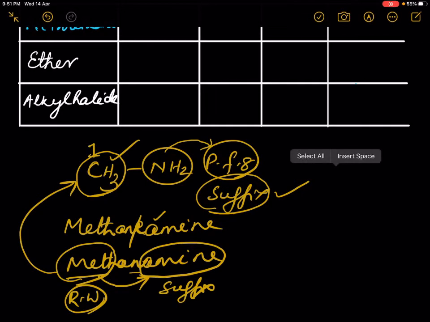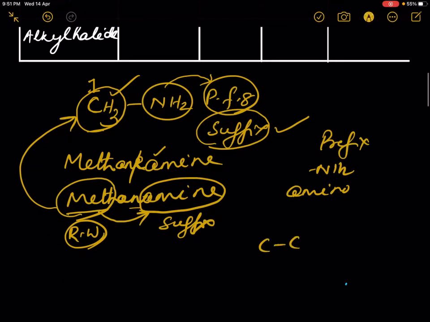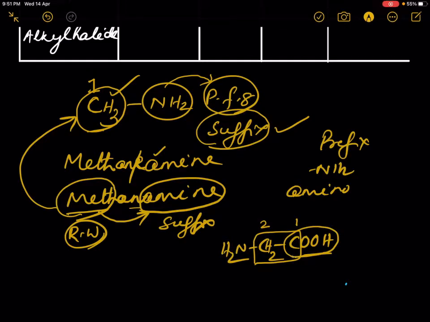Now we have to think about the prefix of NH2 as amino. Why do you write amino? Suppose there are 2 carbon atoms. This carbon is connected to carboxylic acid and this carbon is connected to NH2 group. So this is the parent carbon chain, number 1, number 2. And this is the principal functional group, so it should be written as suffix.